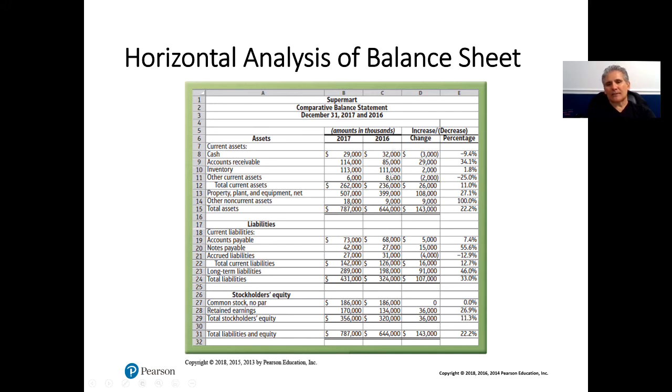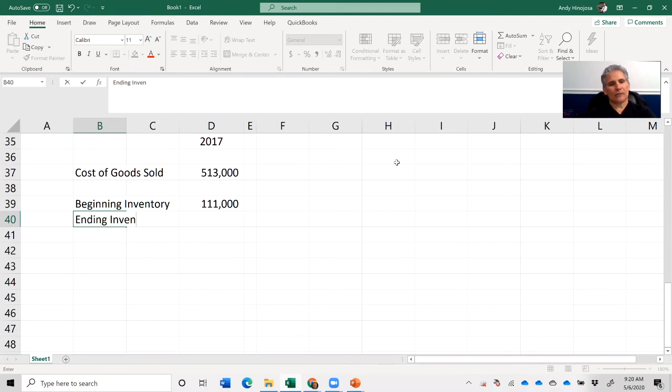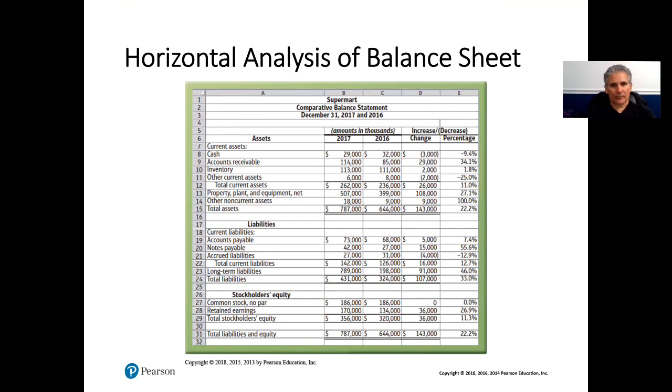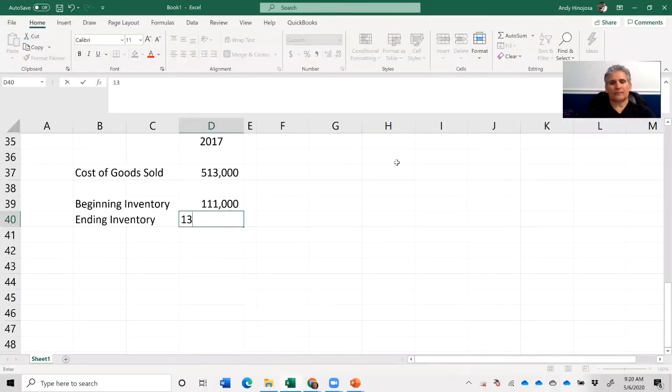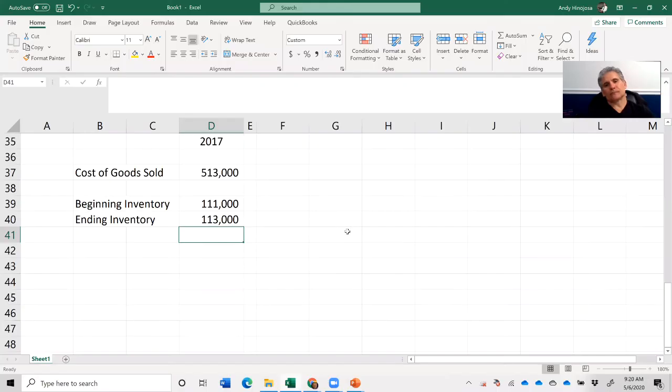So since 2016 ended with $111,000, that's going to be our beginning inventory for 2017. Our ending inventory, this one we do have, that was $113,000. Let's confirm, $113,000. So we just took the inventory, 111 and 113, 16 and 17.